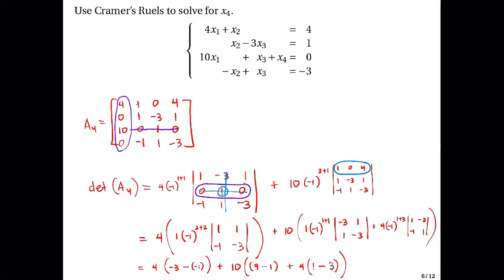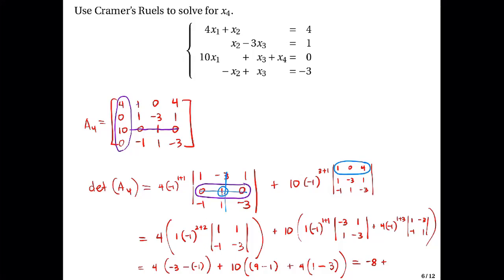So what will this be? Here we have -3 plus 1, that's -2. So 4 times -2, that's -8. Plus this guy here, 4, what is this? 1 minus 3, that's -2.